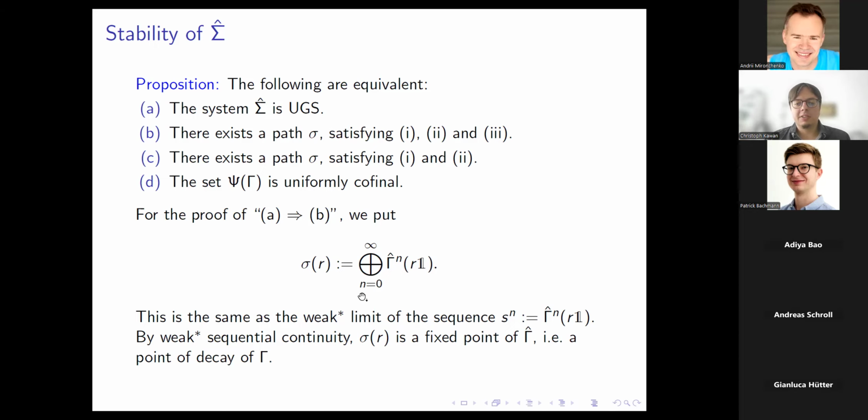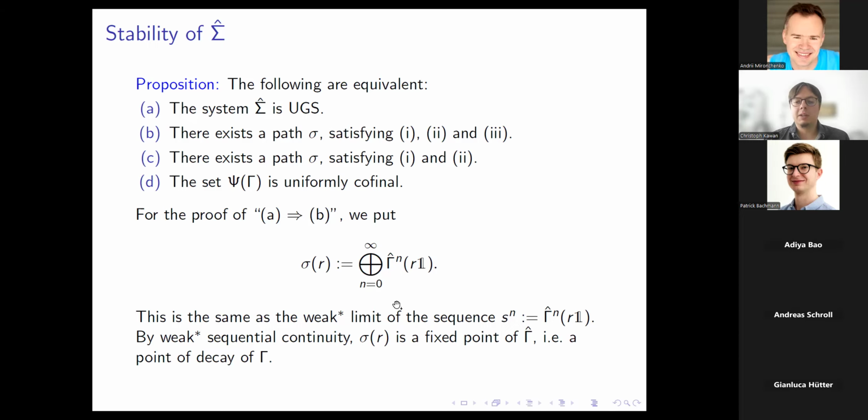So this is actually the same as saying that sigma of r is the weak star limit of this sequence, which is the trajectory that you see here. And then we can use weak star sequential continuity of the gamma hat operator, which directly shows that sigma of r must be a fixed point of gamma hat. But the fixed point of gamma hat, as I showed on the last slide, is nothing but a point of decay of gamma.